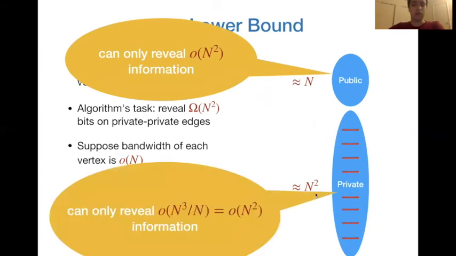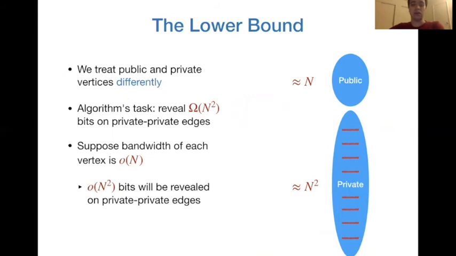And the private vertices can reveal n cubed divided by n because of that discount factor, again a small o of n square. And so life is good. In total, they could only reveal a small o of n square bits about private edges, as opposed to the omega n square we wanted. That's the lower bound, basically.